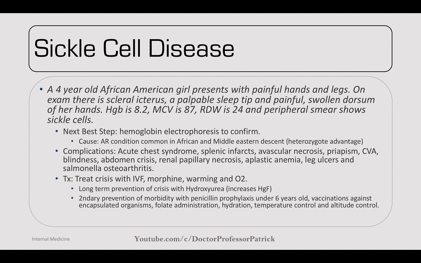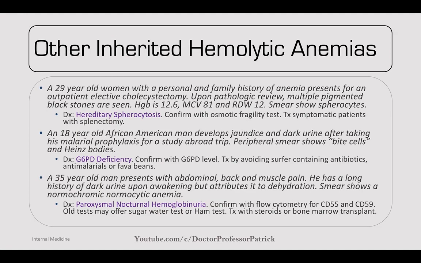You want to prevent staph or strep infections like strep pneumonia, sepsis, and salmonella osteomyelitis. Vaccines against any encapsulated organisms from the splenic autoinfarcts, and then folate administration, hydration, and temperature control to decrease their risk of anemia in a sickling crisis.